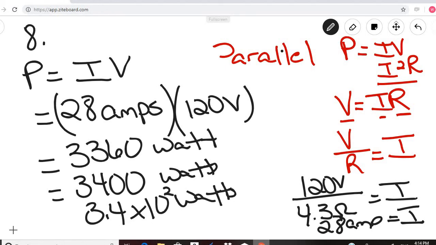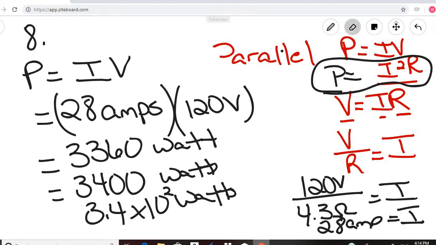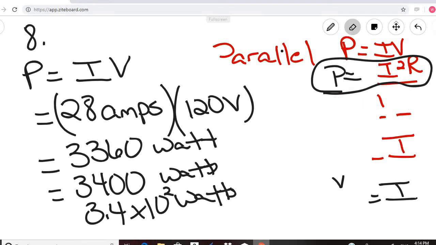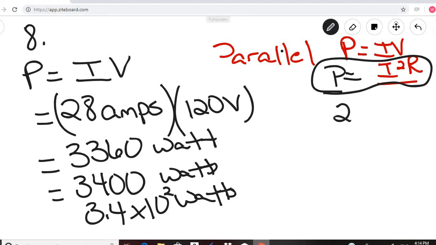Now, if you chose to calculate power using P is equal to I squared R, you're going to get the exact same answer. In that case, it would be 28 amps squared times R, which we calculated as 4.3 ohms.